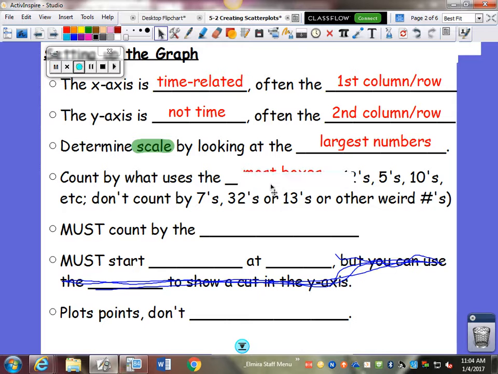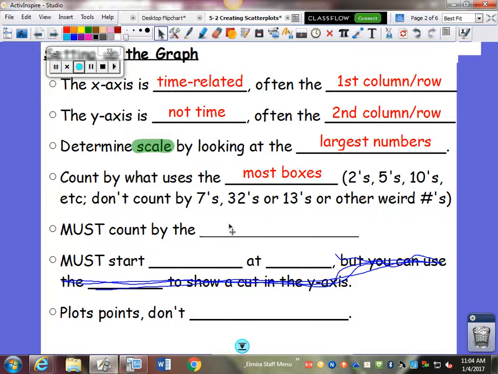You're going to count by what's going to use the most boxes. In other words, if your highest number is 30, you want to make sure that you count at least to 30, but not too much more, okay? If you have to draw extra boxes to make it to 30, you didn't count it right.